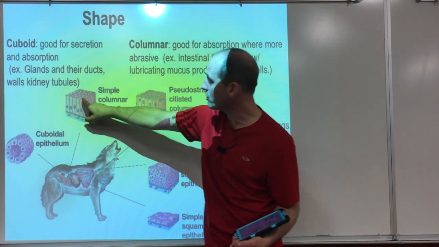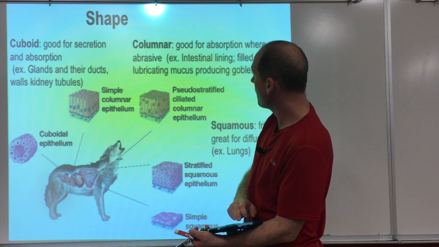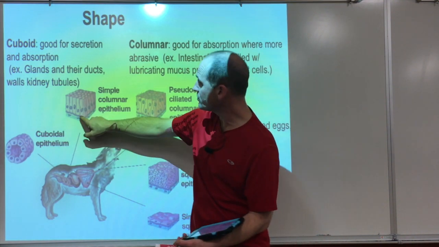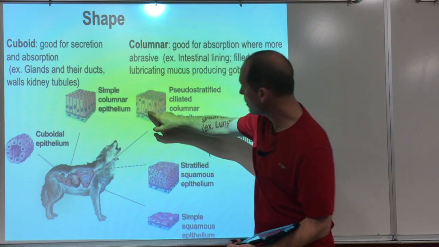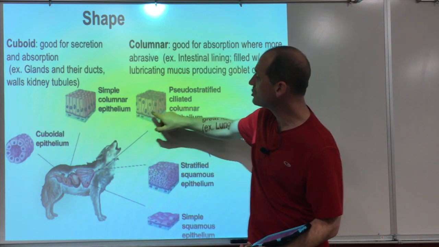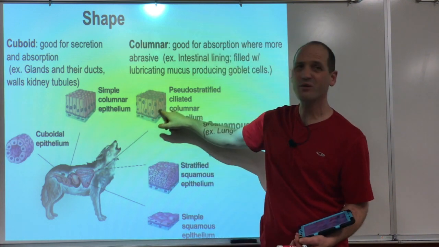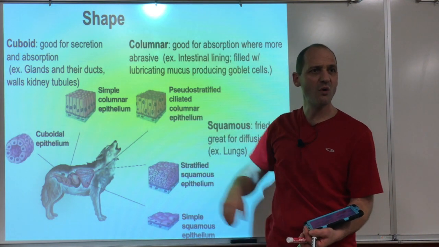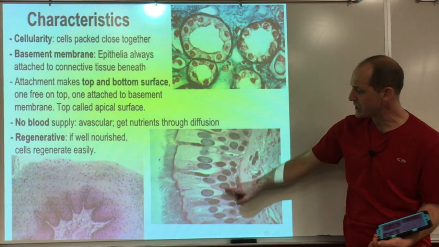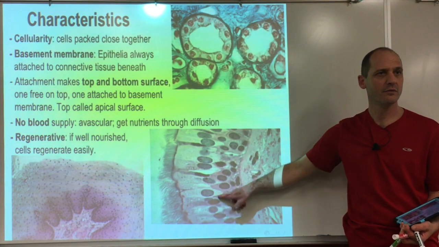Here, this is the simple columnar. See this tissue here, the cells go all the way up and down. On this one, the cells do go all the way up and down, but the nuclei are at different levels, so it looks more confusing. It's like more multi-layered or something like that. So this is actually that tissue type on this page.